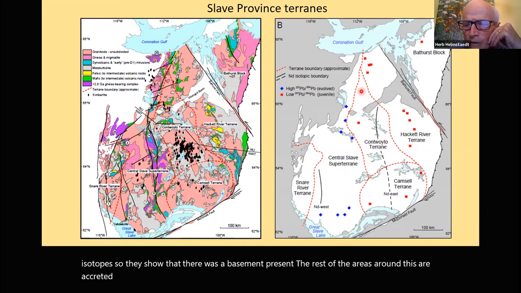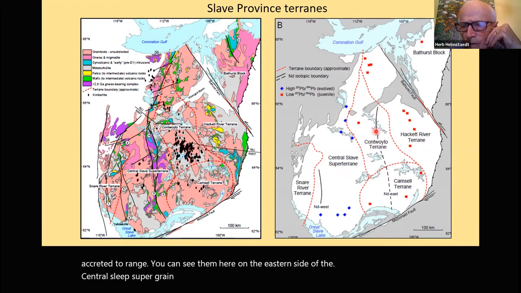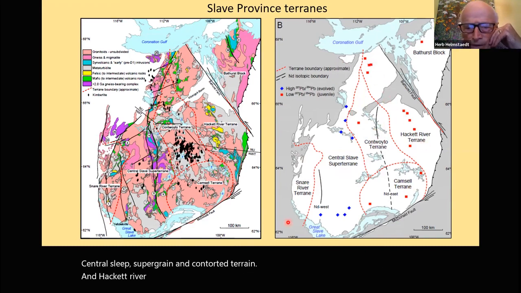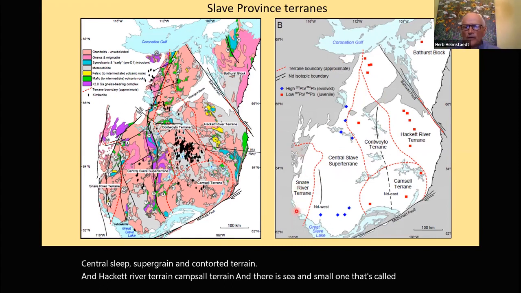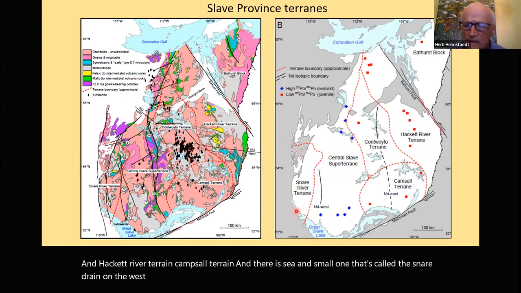You can see them here on the eastern side of the Central Slave Superterrane, the Contwoyto terrane, the Hackett River terrane, Courageous terrane, and there is here a small one that's called the Snare terrane on the west side. And these are juvenile Archean, Neo-Archean rocks.